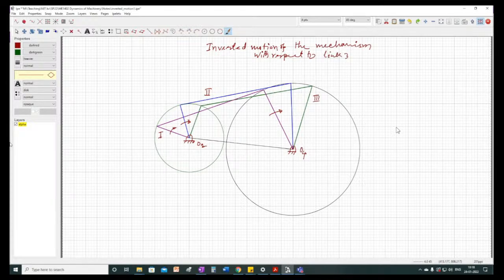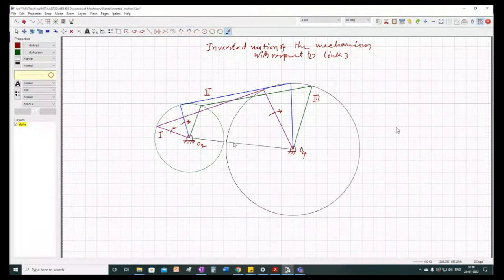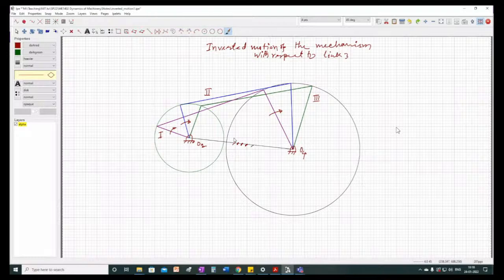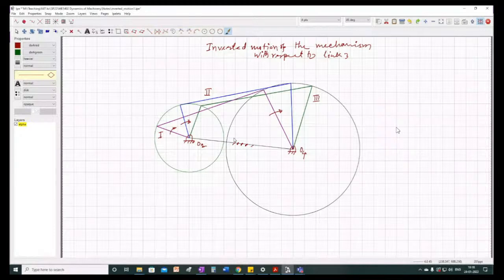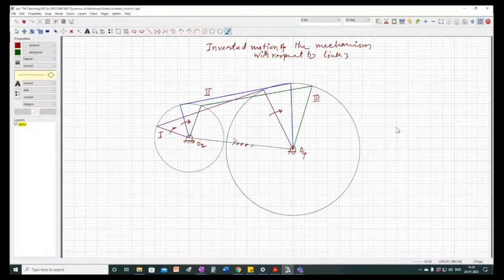Inverted motion means, suppose link 1 is fixed here, and you are rotating link 2 so that link 3 and link 4 also have motion. Now suppose I fix this link 3. What will happen to the other links?